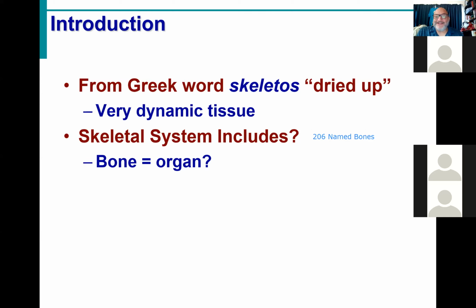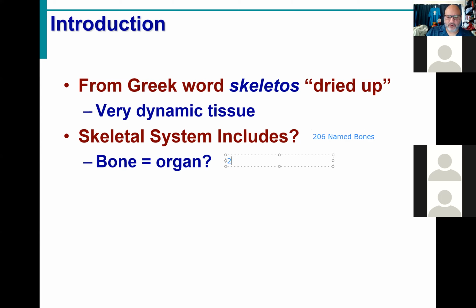Bones are indeed an organ. What was our requirement to be an organ again? How do we make organs? Tissue. True, absolutely. And how many different types of tissues did we say you have to have to make an organ? 2 or more, excellent.